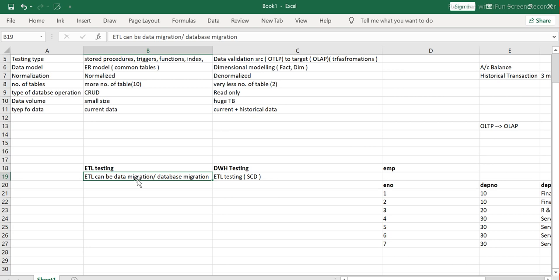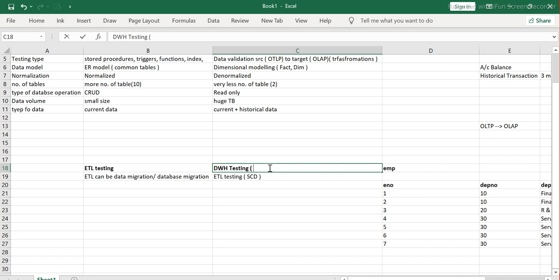Okay, but sometimes people say that data warehouse testing also includes BI reporting testing, because BI reports are basically generated from the data warehouse only, right? So the data warehouse will have all this data. Now there will be reports generated based on this, and these reports have to be validated against the data warehouse.